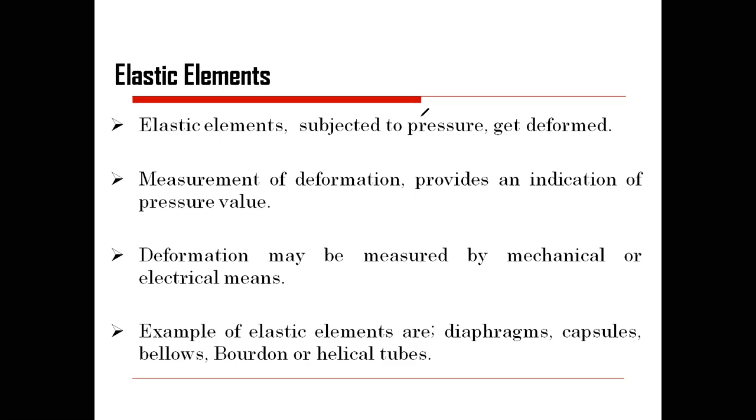So suppose, for example, I have connected the core of the LVDT to the tip of this Bourdon tube. When pressure is applied and it deforms, at that time the core which is connected will either move in the forward direction or in the backward direction, depending upon the pressure applied and the strength of the pressure.